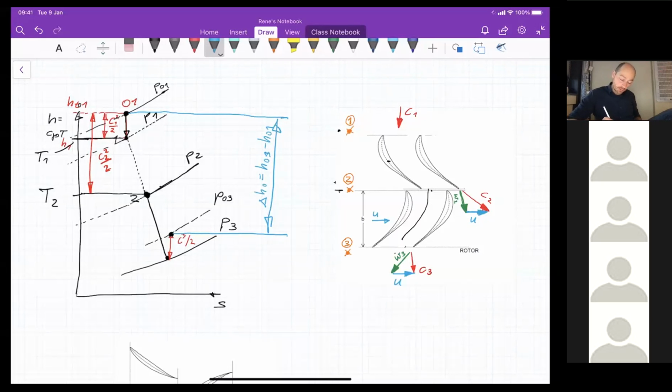And this is related to the power that can be extracted. If I multiply the delta H with the mass flow, it gives me the power. Otherwise, it's specific work in this case as well.